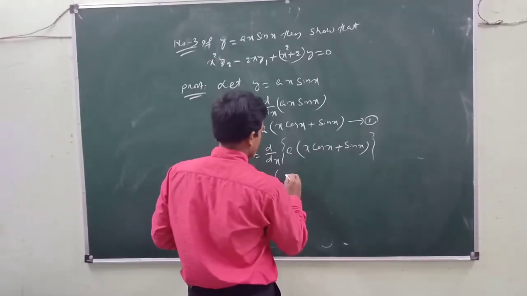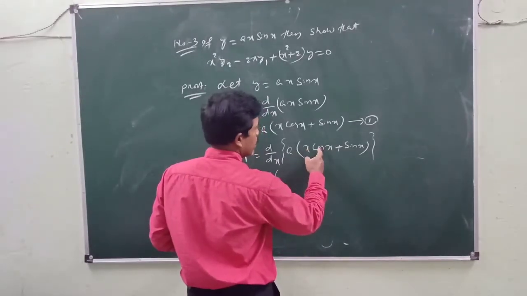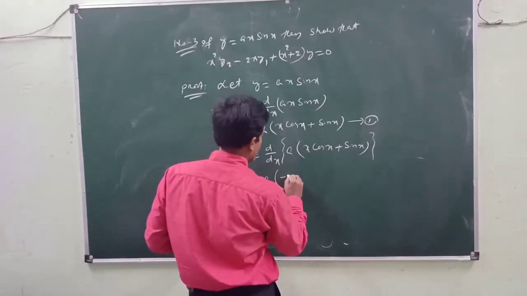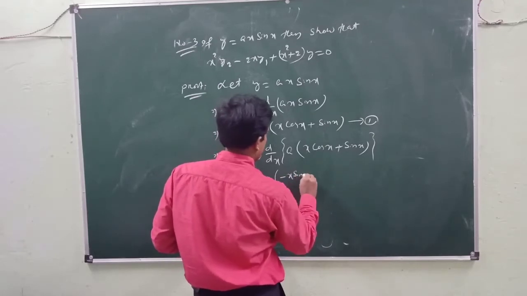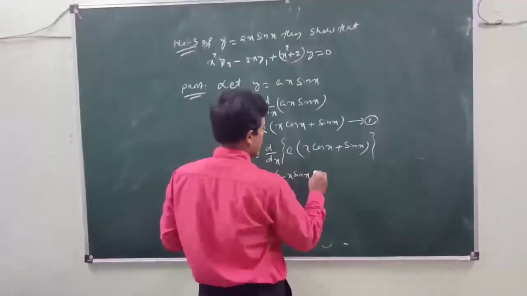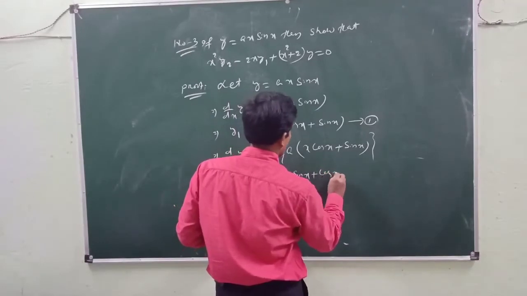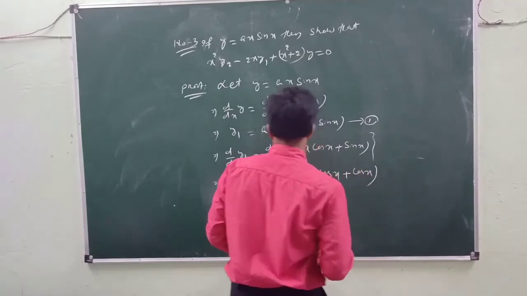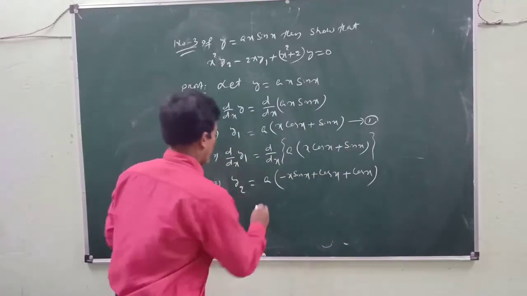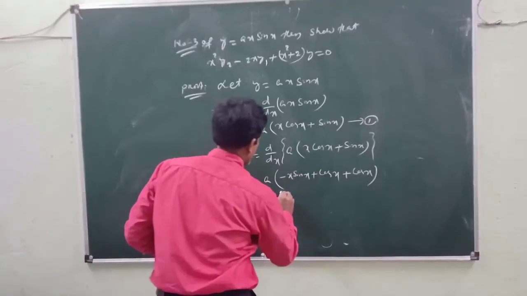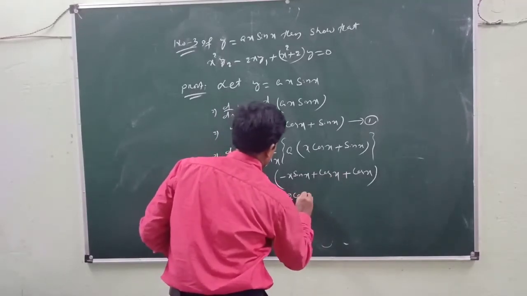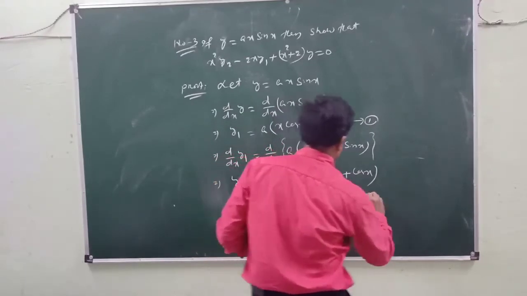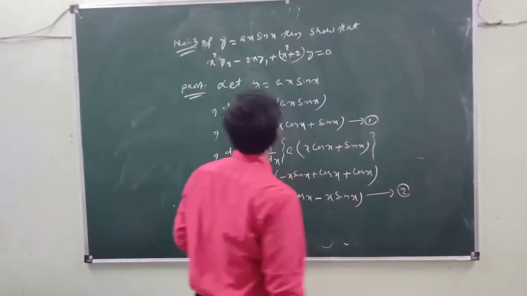Derivative of x cos x means first into the derivative of second, that is the derivative of cos x, minus sin x, so this term will be minus x sin x, again the derivative of x is 1, so plus cos x, again the derivative of sin x is cos x. This will go, that you will do a into 2 cos x minus x sin x, number 2.